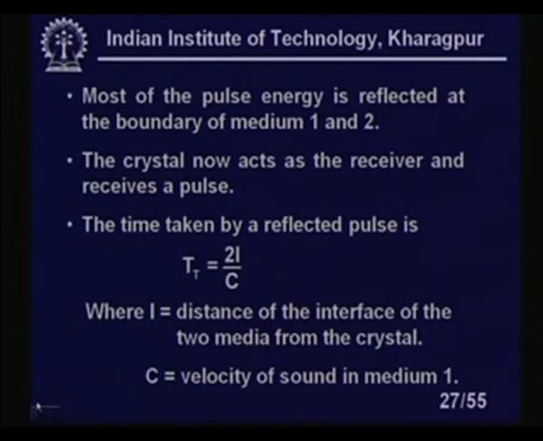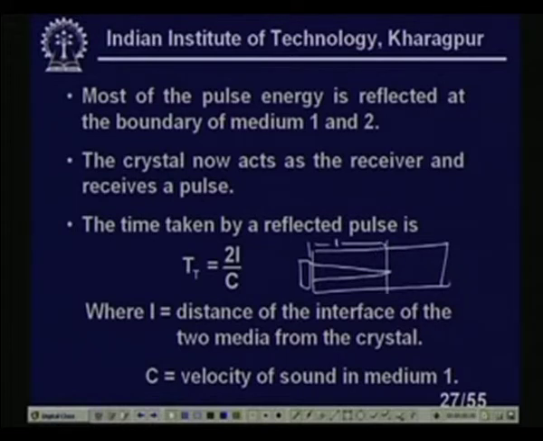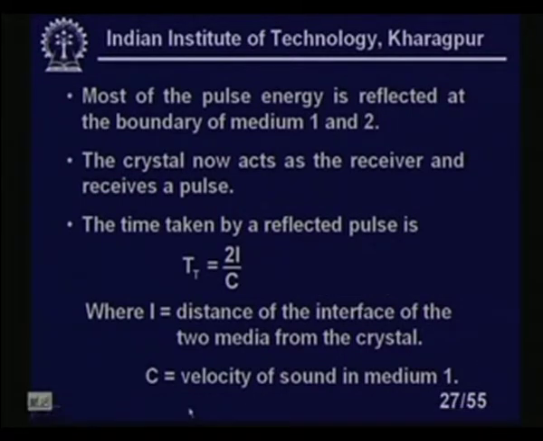Let us look at it: I have two media here, and I am transmitting a signal, and the signal comes reflected back. This is our l, and c is the velocity of sound in medium 1, clear.